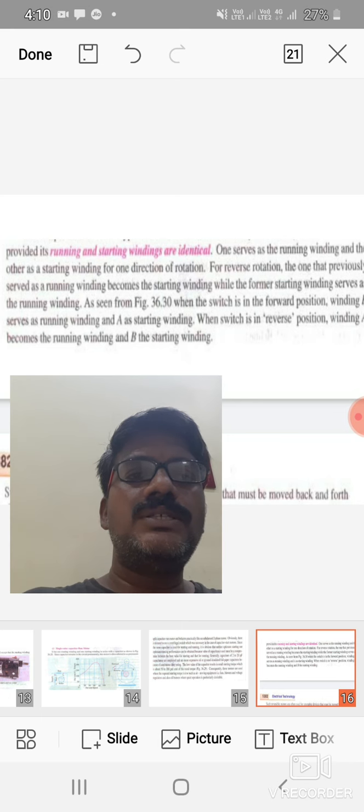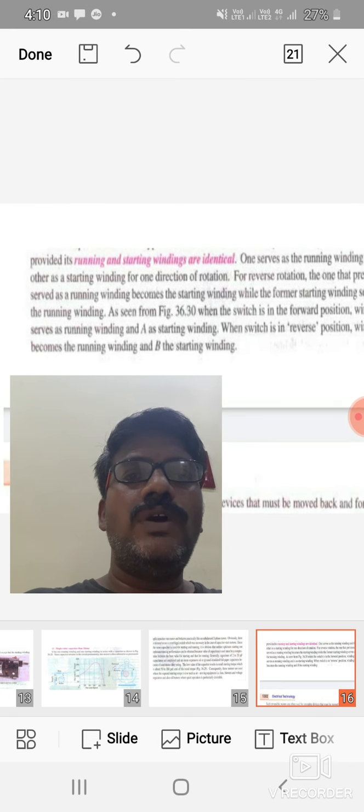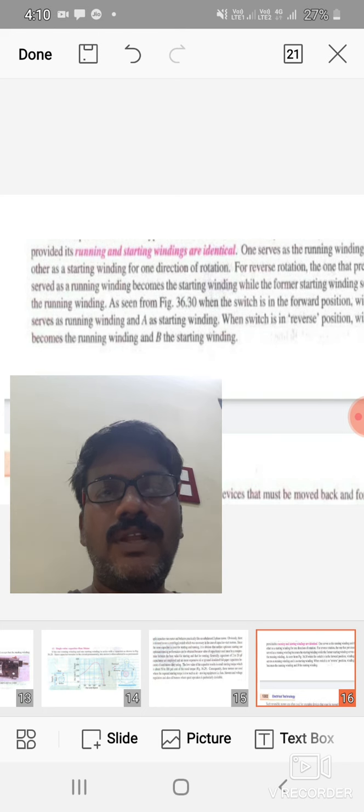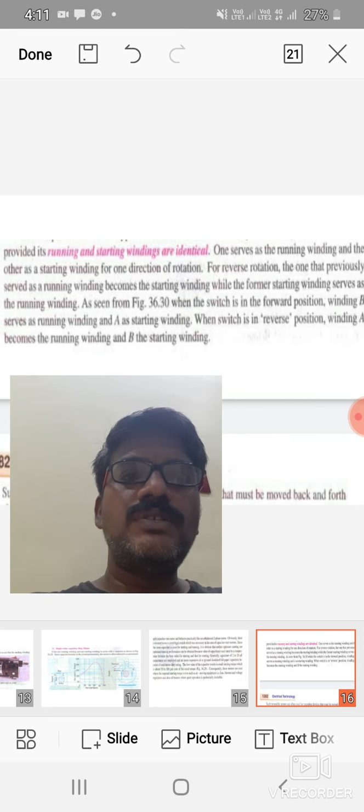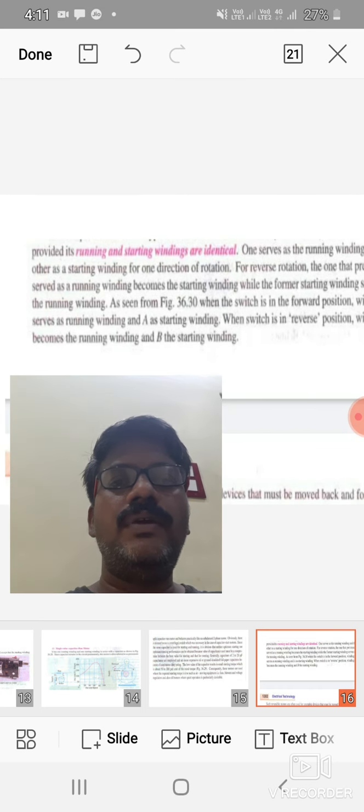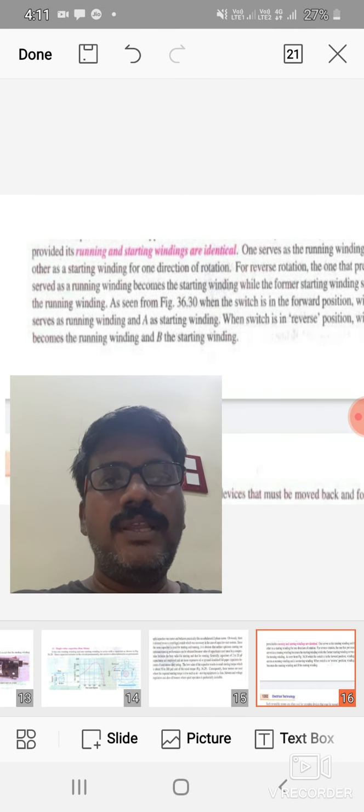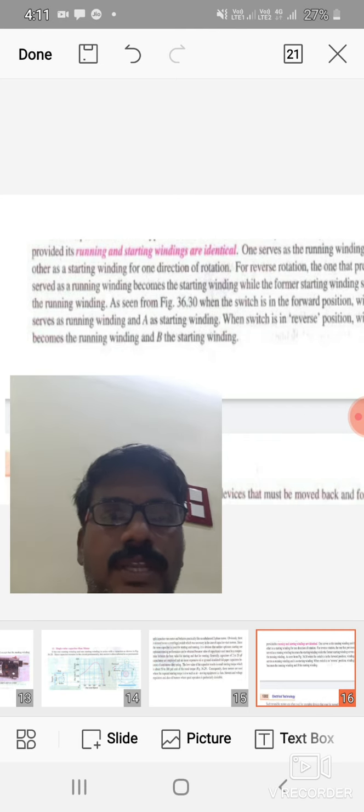When the switch is in the forward position, winding B serves as the running winding and A as the starting winding. When the switch is in the reverse position, winding A becomes the main winding and winding B becomes the starting winding.